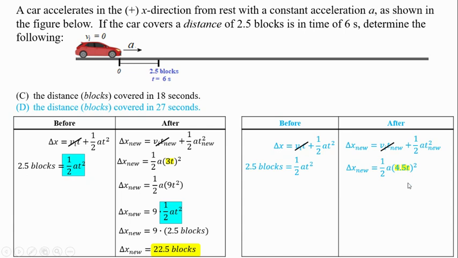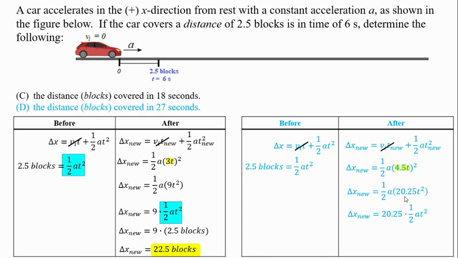Okay, and then I'm going to square 4.5 because again, there's a power of 2 on the outside of the parentheses, so make sure you distribute that. So 4.5 squared is going to give you 20.25, and then T squared is going to give you T squared. The only thing different that I've seen in the last few processes is this coefficient of 20.25. Well, let's pull it out the front.